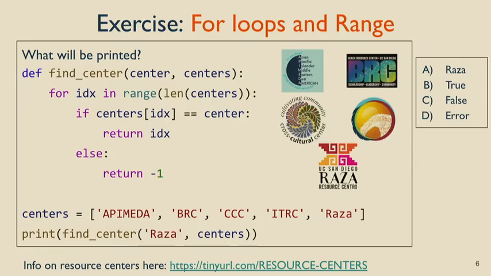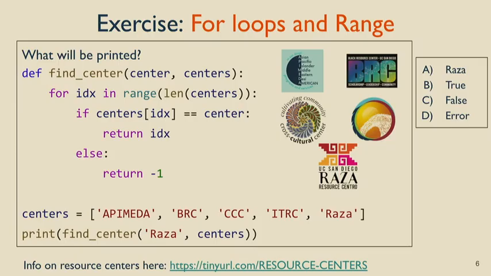Okay? Now let's look at the function. We have a for loop now. IDX, what's IDX going to be? Index. Index, IDX, so this is just a variable, we're giving it the variable IDX, right? And IDX is going to be the index in, we have this range function again.